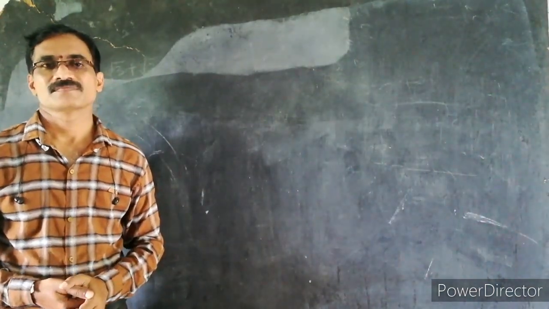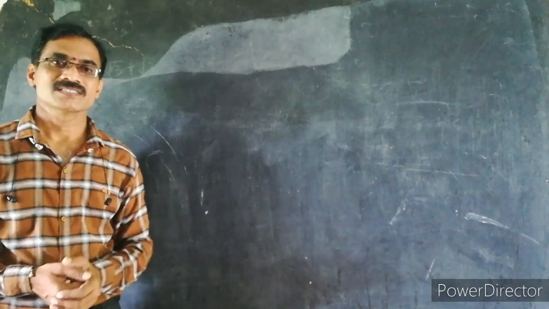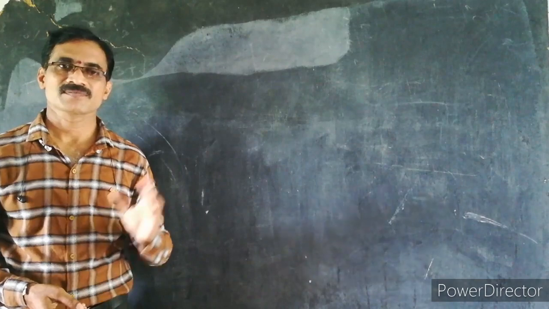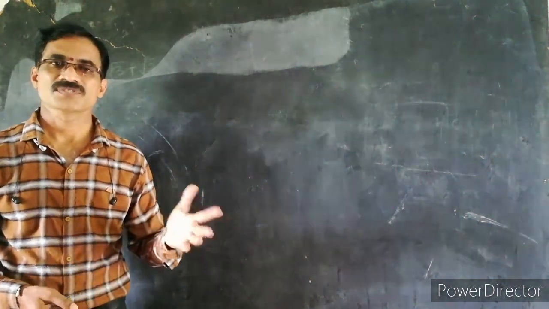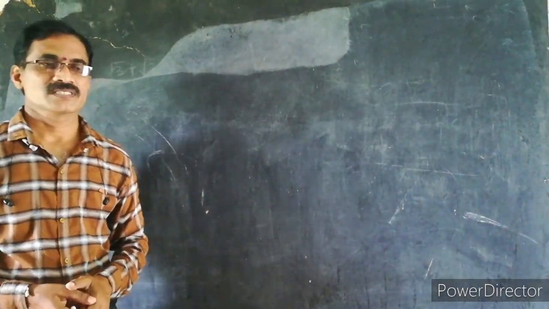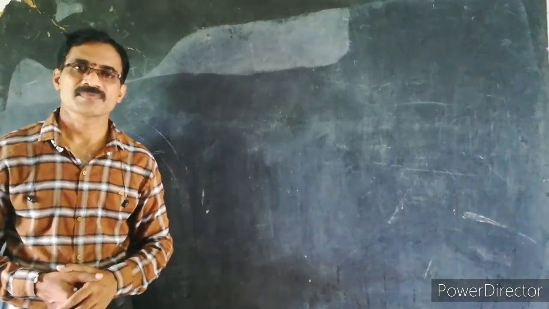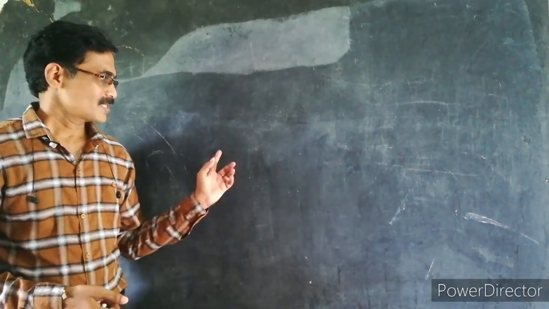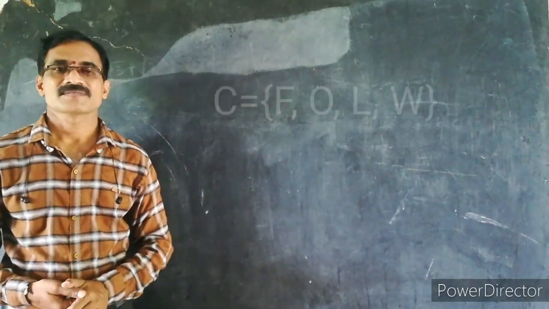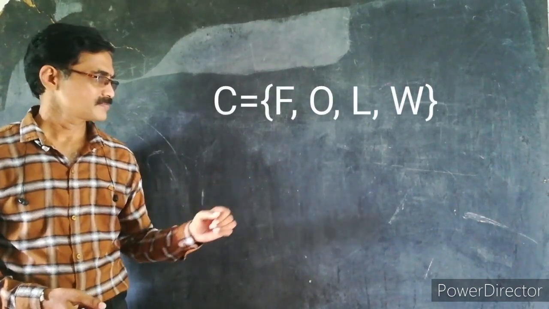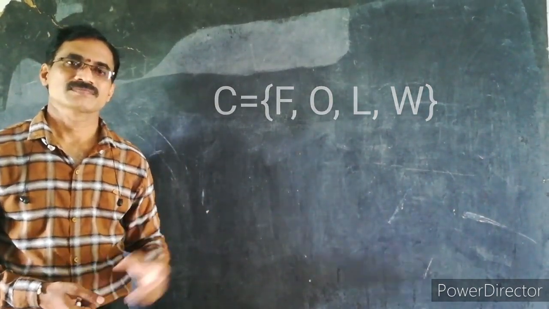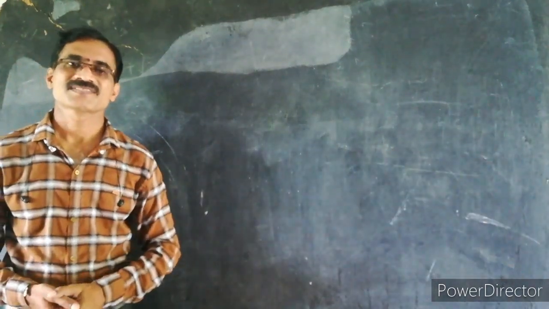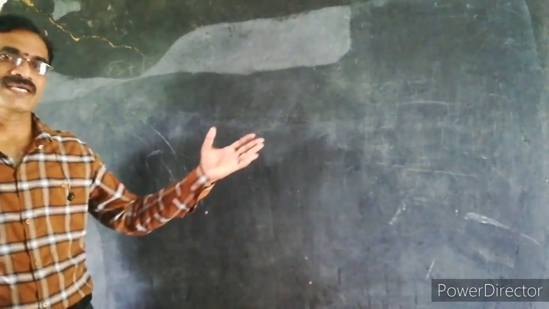First you have to write the set in roster form. Already you learnt from set builder to roster, roster to set builder form. How can you write? That is already learnt in our previous video. So in the word FOLLOW, how many elements can we write in the set? Okay, right. F, comma O, comma L and W. That's all. Why? Because here L is repeated and O is also repeated.